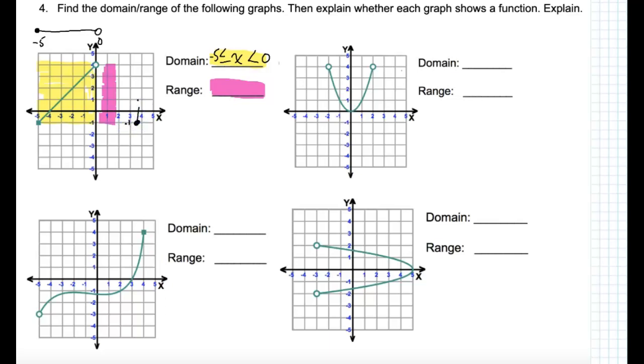We went all the way up to, but not including, is that 4? Yeah, so that's 4 right there. So it's in between -1 and 4. So it's less than 4, greater than or equal to -1.